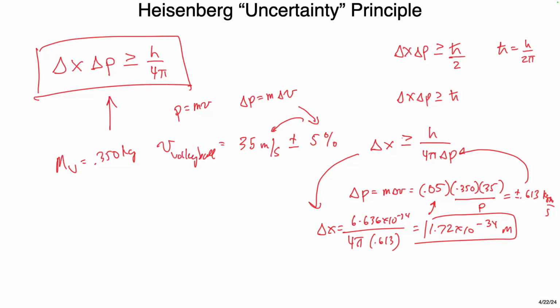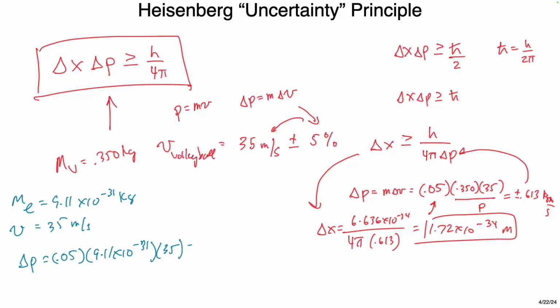But what if we did this for an electron? So for an electron that has a mass of 9.11 times 10 to the minus 31 kilograms, moving at a speed, again, of 35 meters per second, the uncertainty in momentum for an electron, 5% of the momentum, gives me 1.59 times 10 to the minus 30 kilogram meters per second, plus or minus.